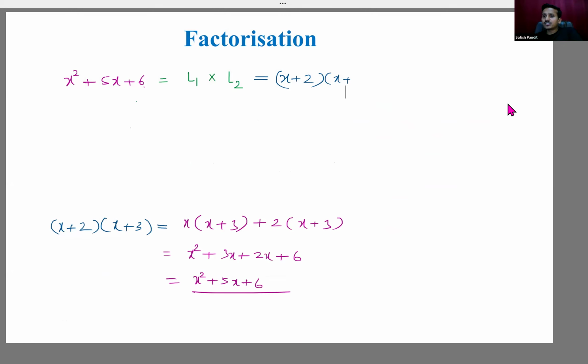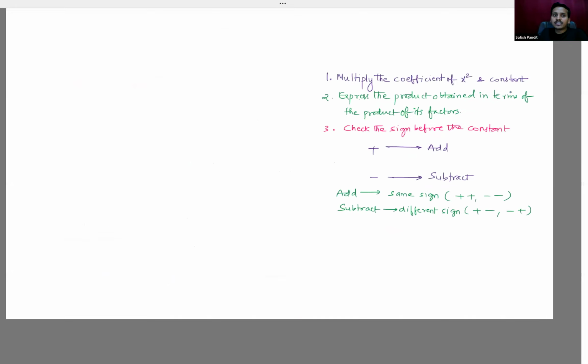I'll take the first question, that is x squared plus 5x plus 6. During the classes, we have learned what we mean by coefficient. To find the coefficient of x square, there is only one term which contains x square, that is this one.